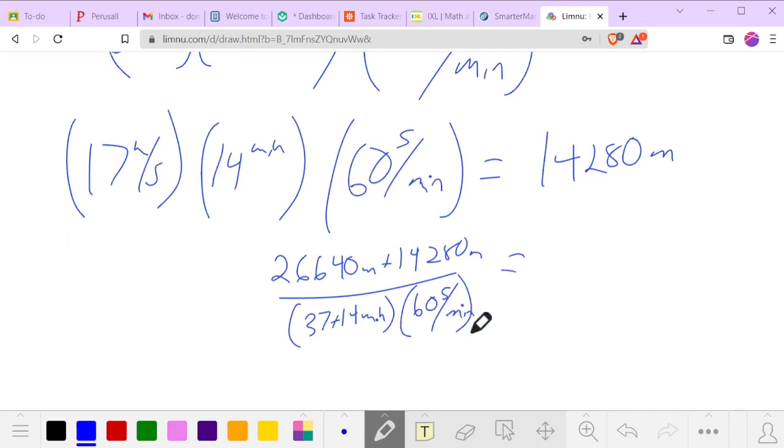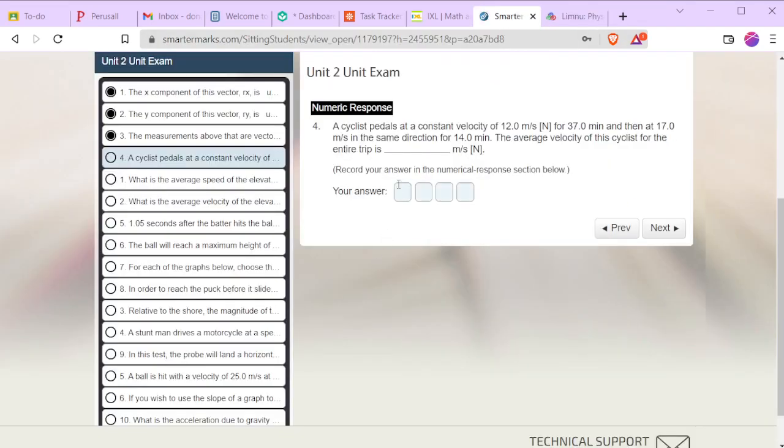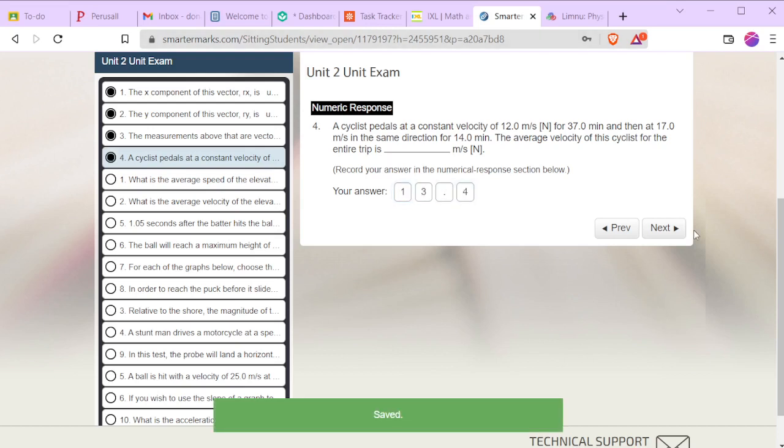And then our minutes will cancel. We'll have meters per second. So doing that in our calculator, we end up with 13.37254902 meters per second, or to our three significant digits, 13.4.